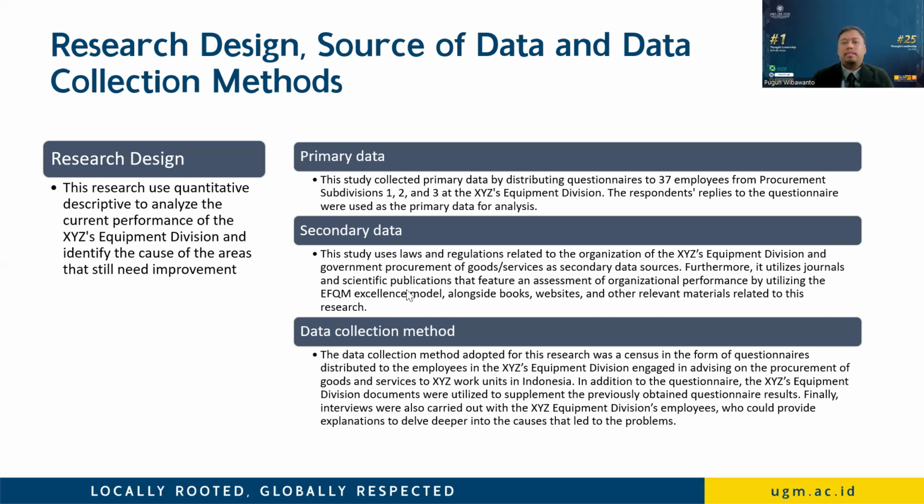Then, the research data consists of 2 types of data, which are primary and secondary data. In addition, the data collection method is by distributing questionnaires, utilizing internal documents, and conducting interviews with selected source persons.